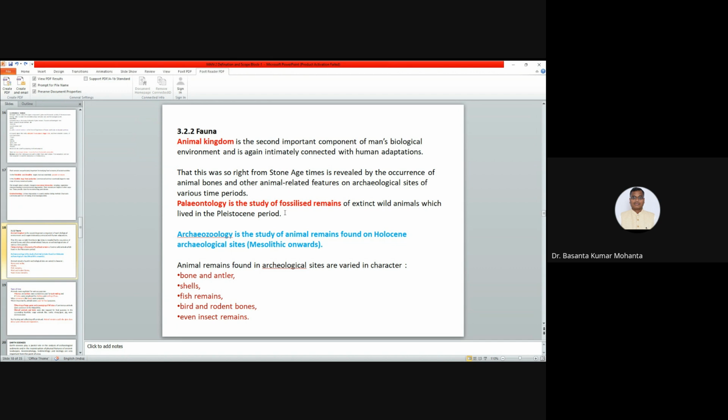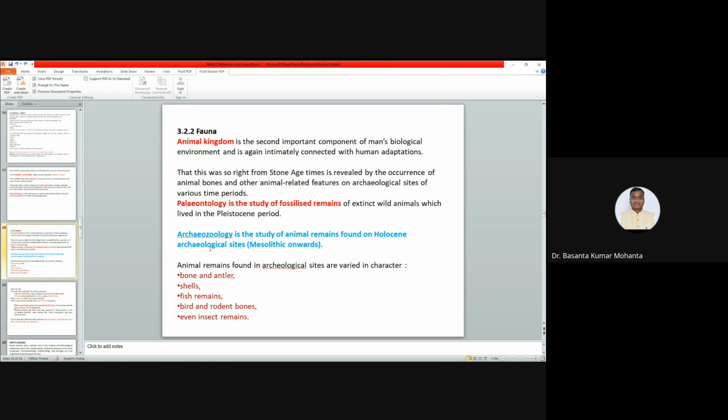It helps us understand how human beings were exploiting the different wild animals, and how wild animals were also exploiting human beings. So their relationship we need to study.